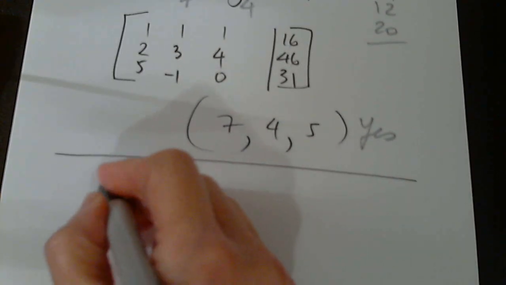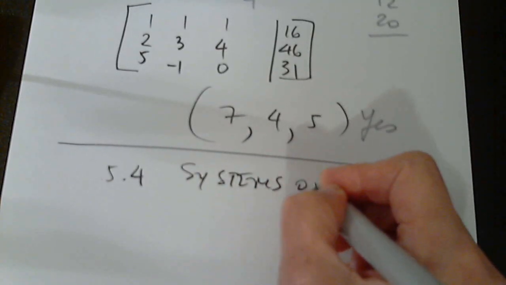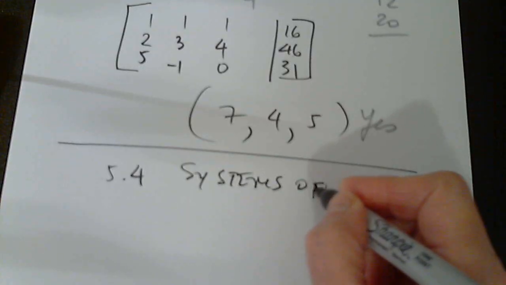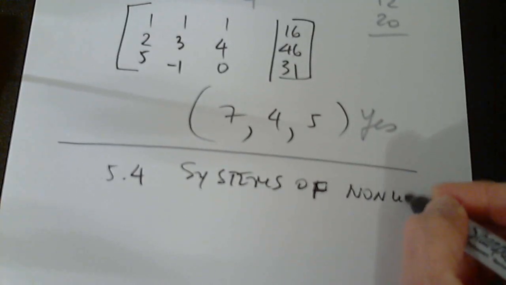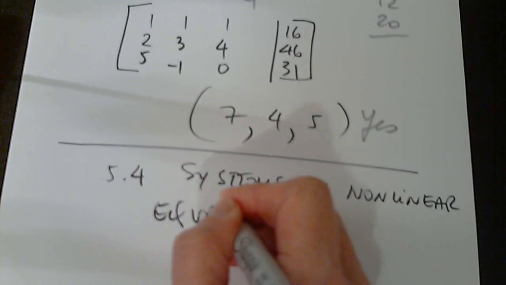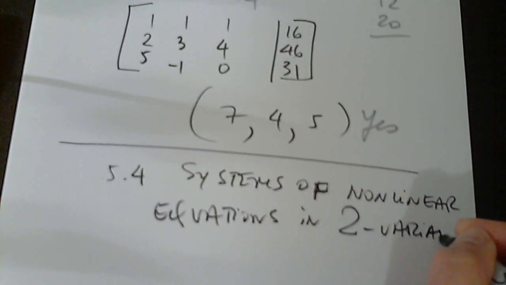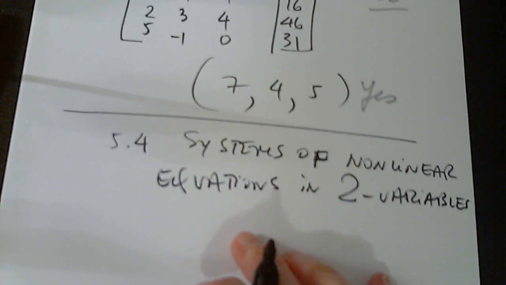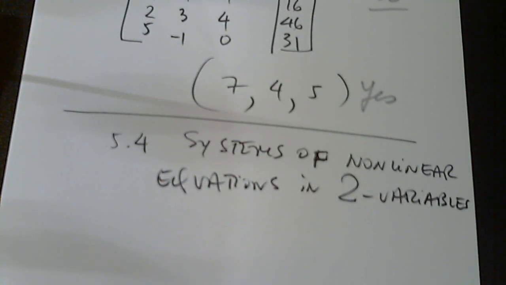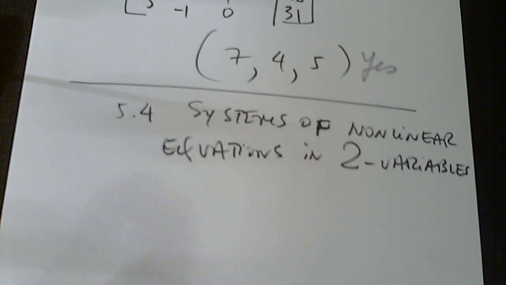So only section 5.4, systems of non-linear equations in 2 variables. Again, substitution and elimination, the same idea, but these require a little bit more thinking, I would say. Not difficult.